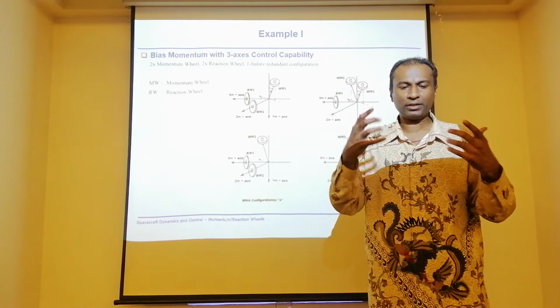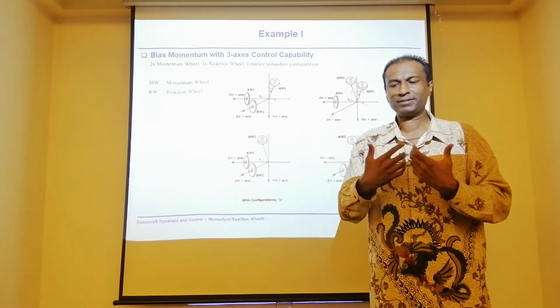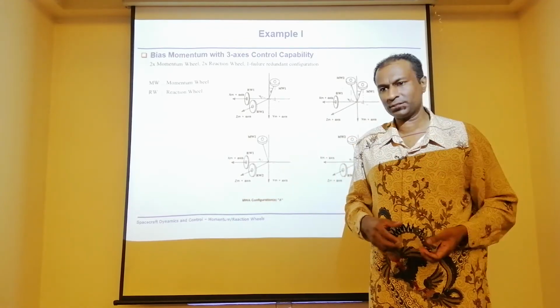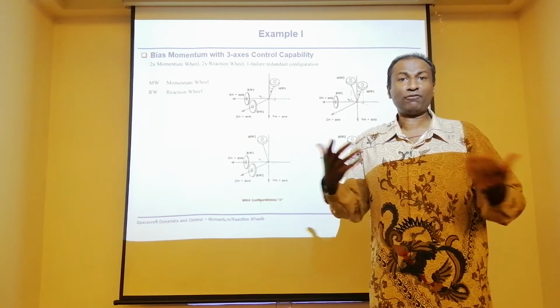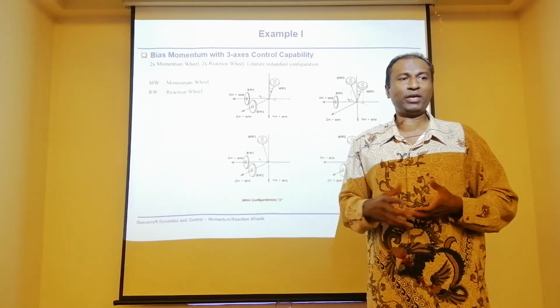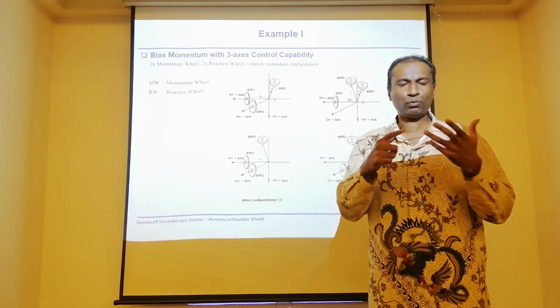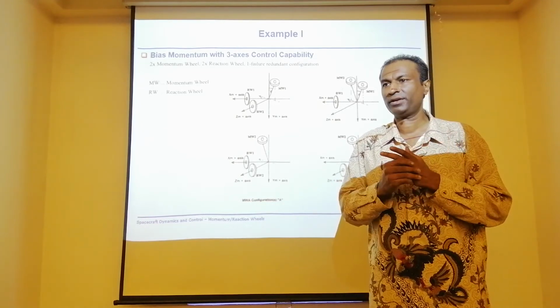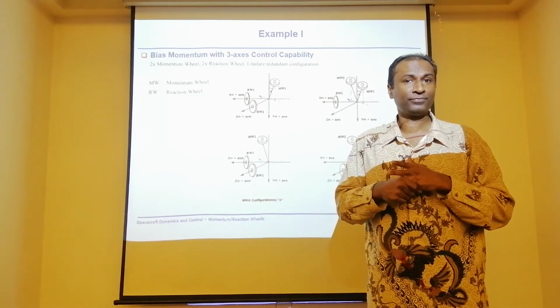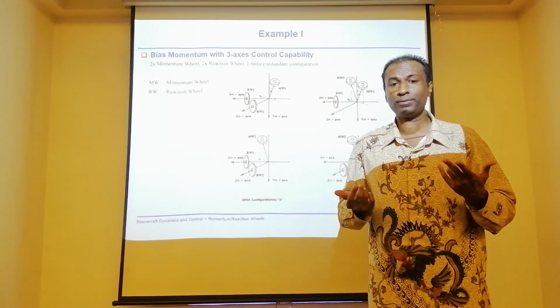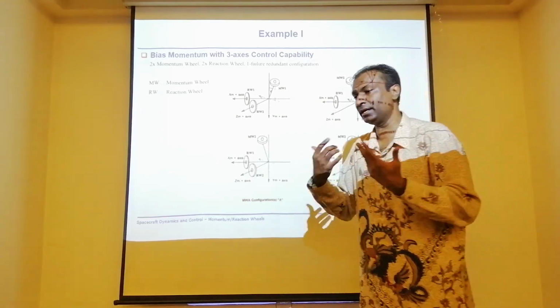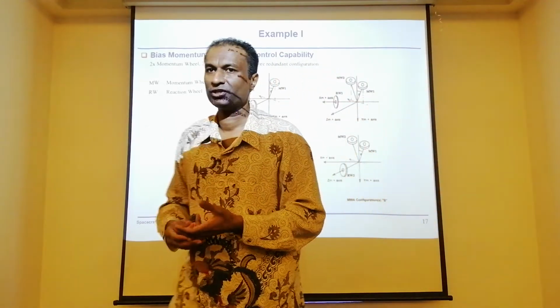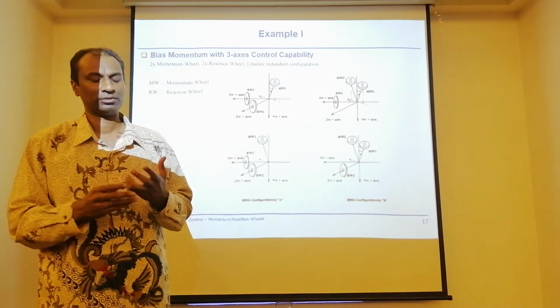Assume that every axis, you have 3 axes, every axis needs 1 wheel, let's say. But we cannot fail. Let's say the mission is 10 years, we cannot fail. That means if one of the wheels fails, it is almost a catastrophic failure. That means there will be 1 axis uncontrollable. When 1 axis is uncontrollable, it's going to be very difficult for us to do high level missions.